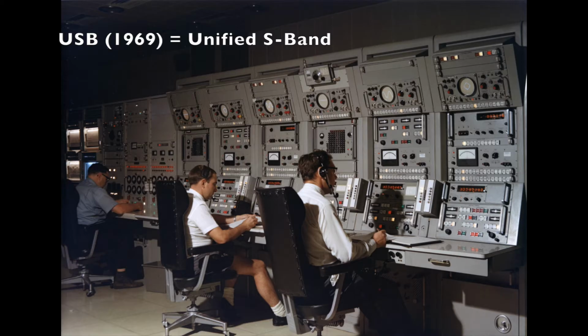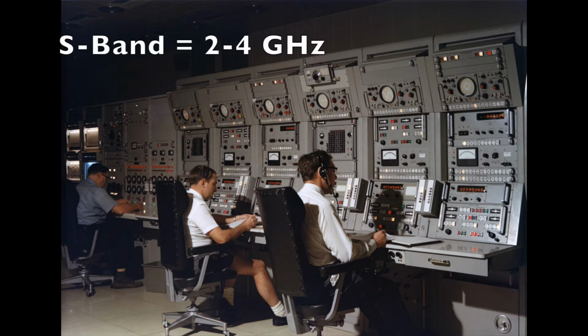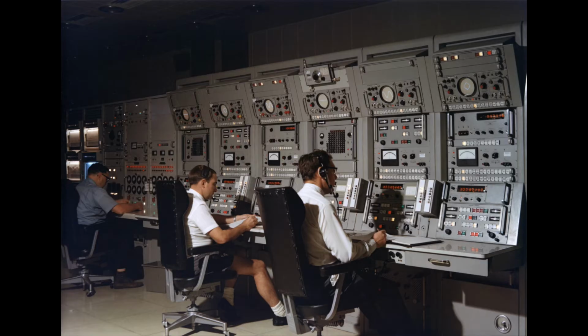And that was used for tracking and communication with the Apollo spacecraft, from Apollo 6 or 7 up to 17. It was all the same. S-band means a frequency band, which is about 2.5 gigahertz, more or less.